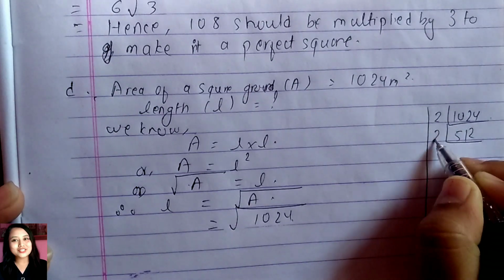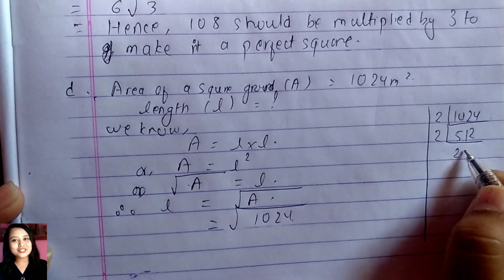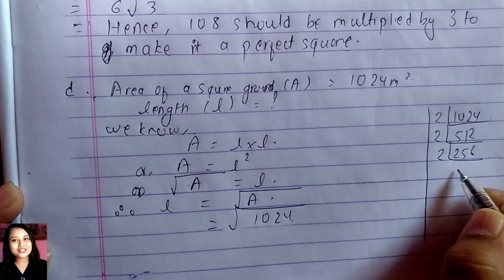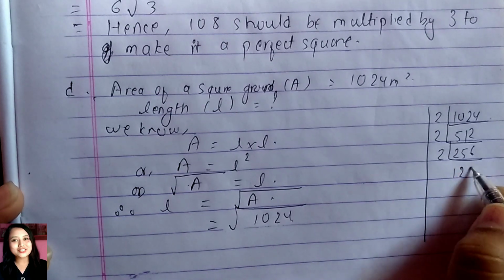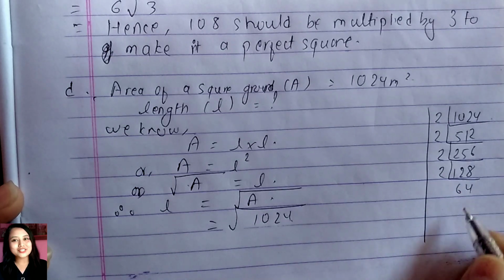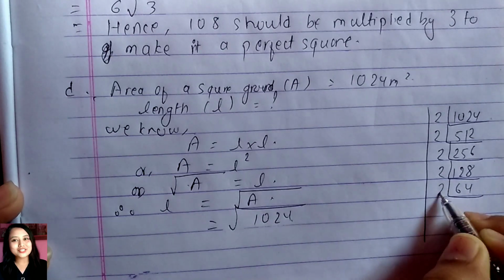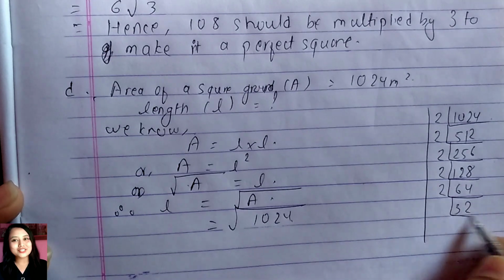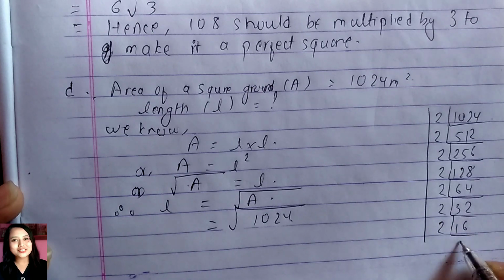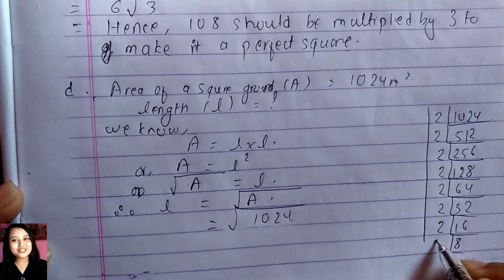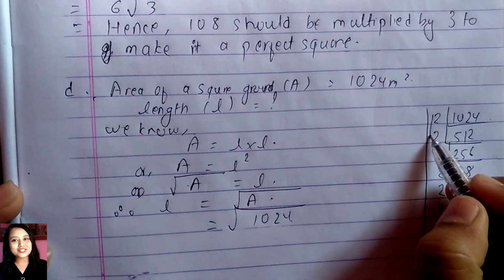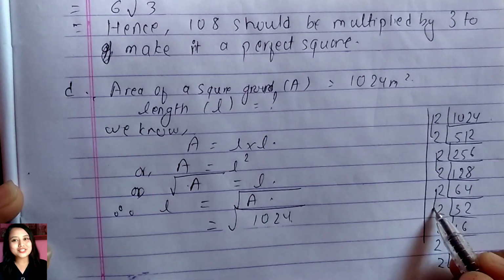Then 2 2s are 4, and 2 5s are 10, and 2 6s are 12. 2 1s are 2, 2 2s are 4, 2 8s are 16, 2 6s are 12, and 2 4s are 8. 2 3s are 6, 2 2s are 4. 2 1s are 2, 2 6s are 12. 2 8s are 16, and 2 4s are 8, and 2 2s are 4.